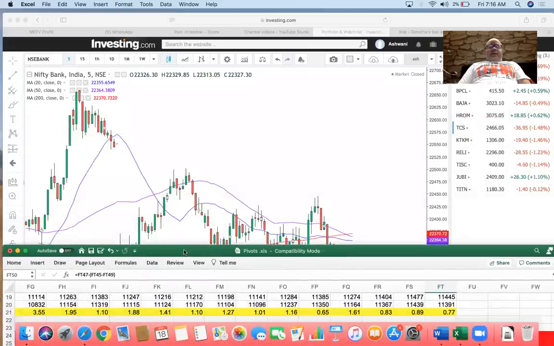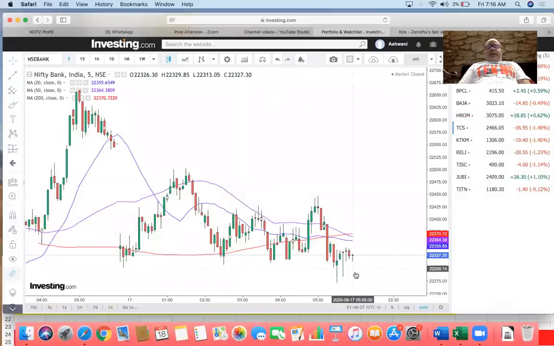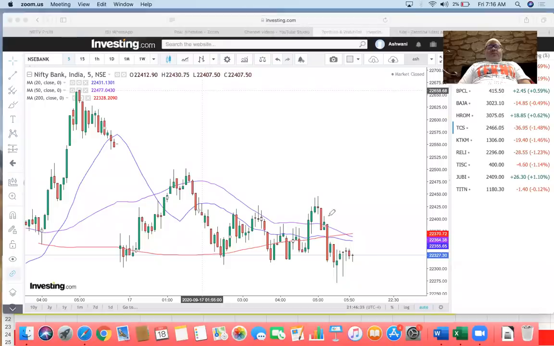So again, if you get some kind of a rally back to this zone, you should be using it to sell, or you get excursions to S2 or R2.